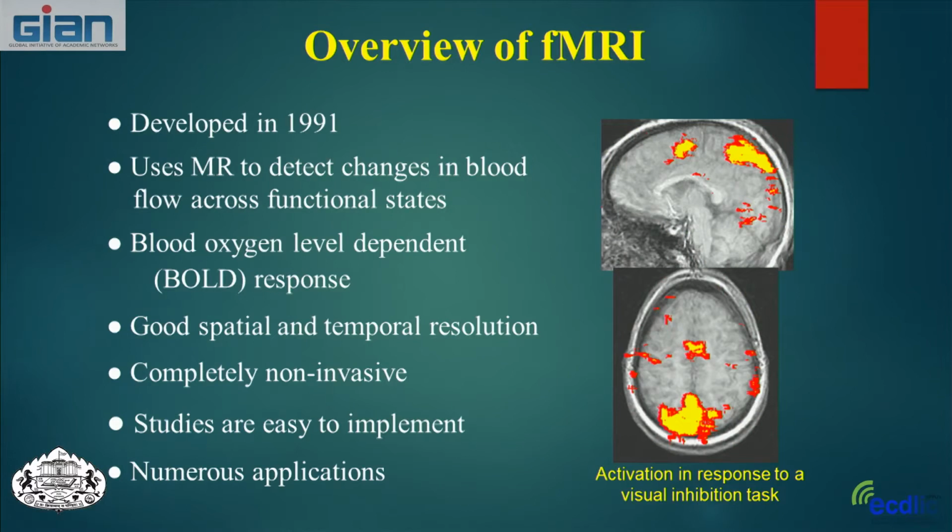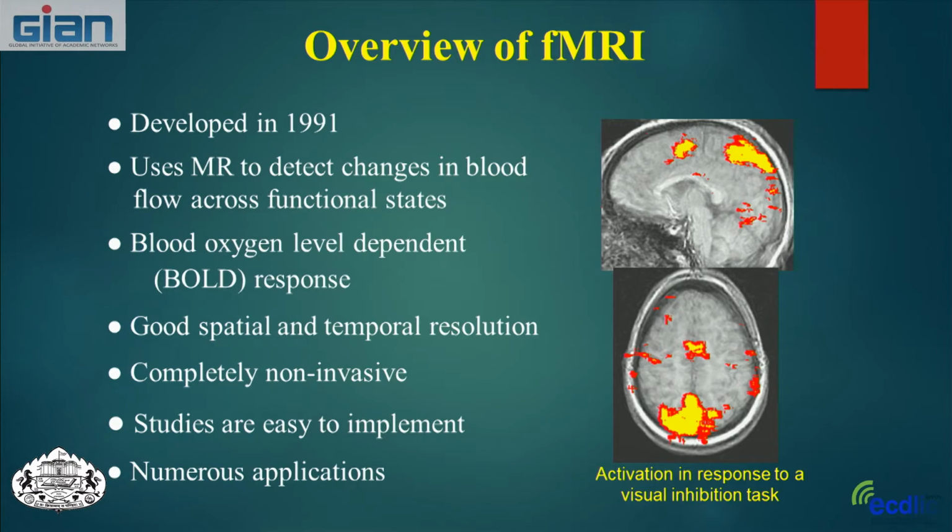Functional MRI is a really new technique in the grand scheme of things. It started being developed in the 1990s, around 1991, which for you younger people might seem like a long time ago, but it seems like it was just the other day.